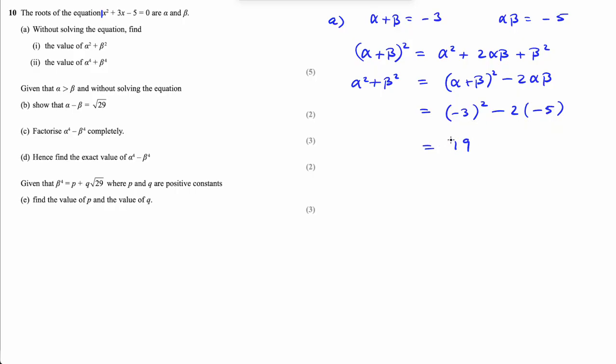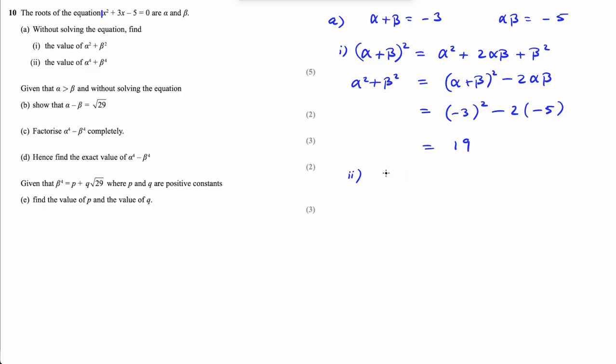Okay, then he says find the value of alpha to the 4 plus beta to the 4. Now, that's kind of tricky, guys. This is part I. To get alpha to the 4 plus beta to the 4, you could do alpha plus beta all to the 4, but that would take you a while to expand.